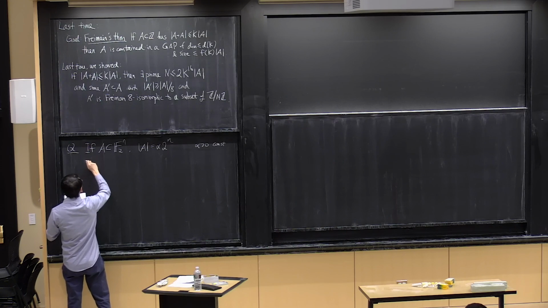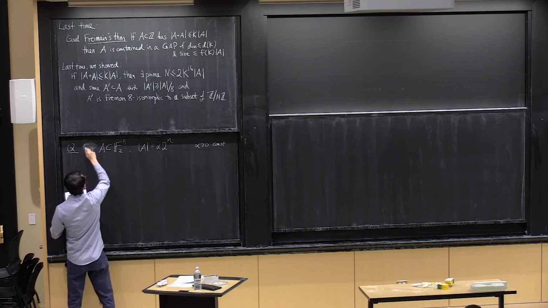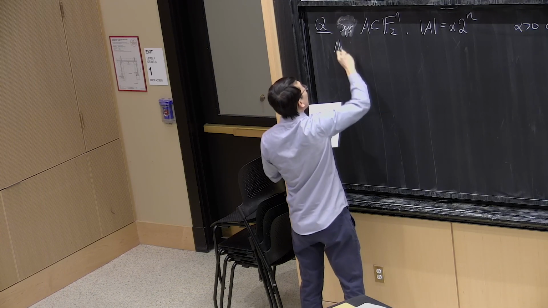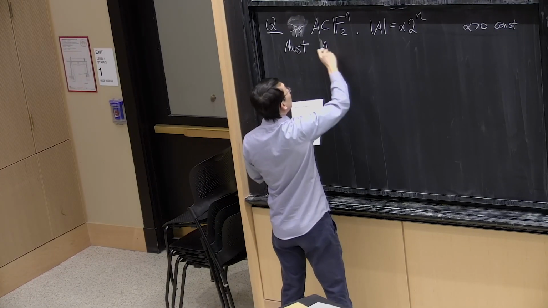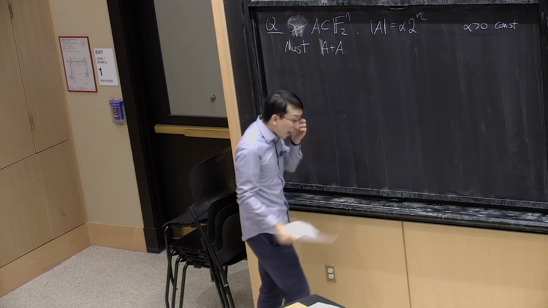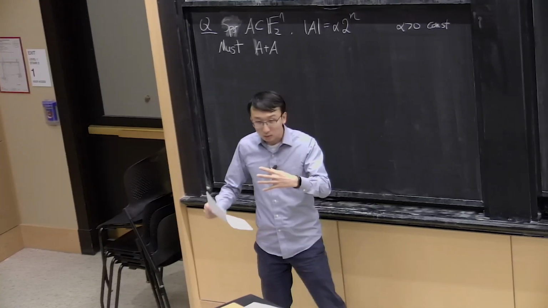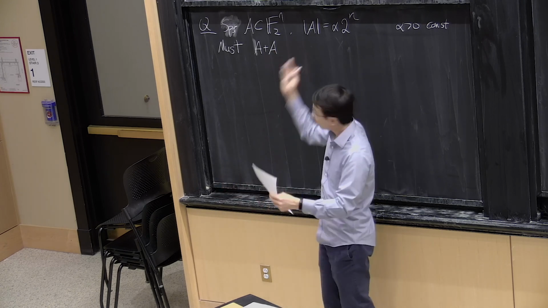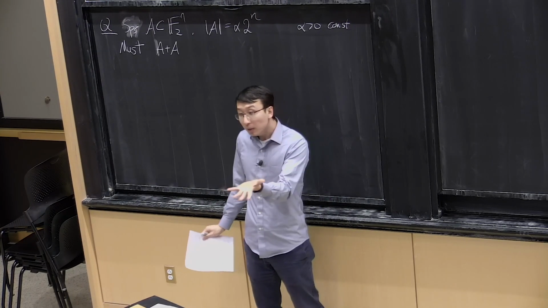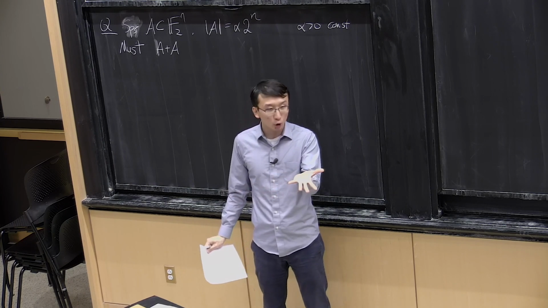Suppose this is true, must it be the case that A plus A, the sum set, or A itself, just because it's a large proportion of the space, contains large structure? Just because it's 1% of the space doesn't mean that it contains any large structures.